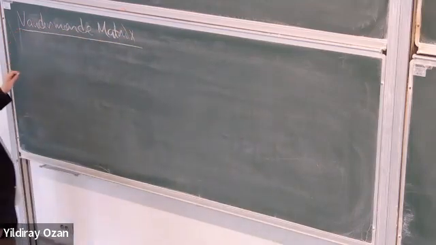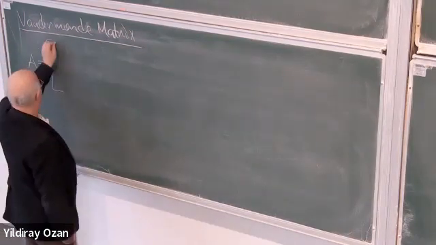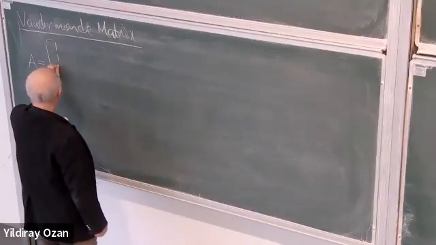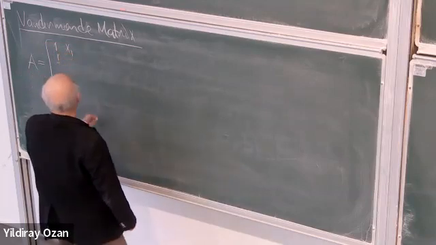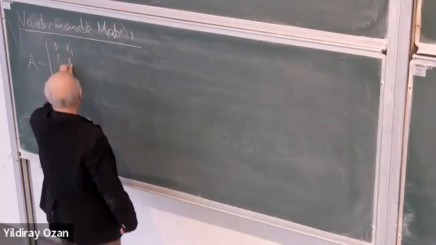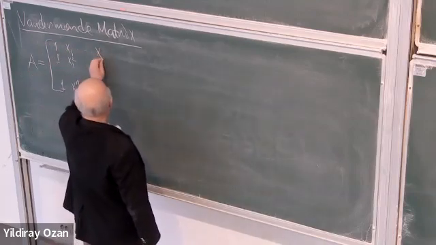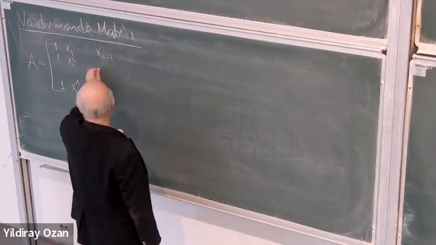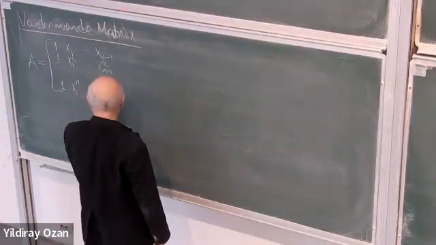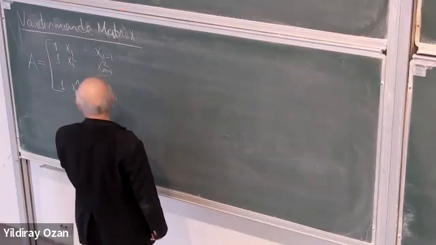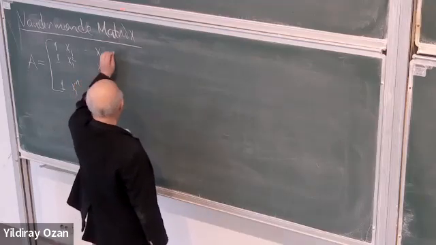Let's consider the following matrix. 1, 1, 1, and x1, x1 squared, x1 to the power n, and here I have x_{n-1}, x_{n-1} squared, and x_{n-1} to the power n.